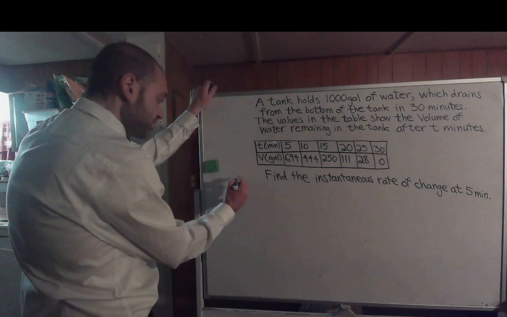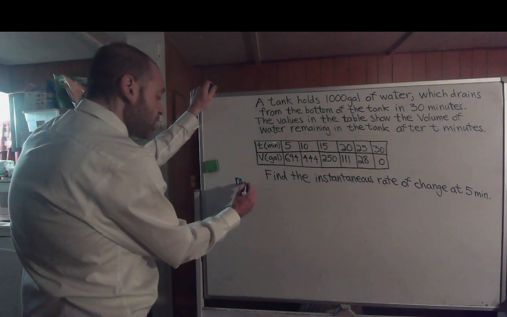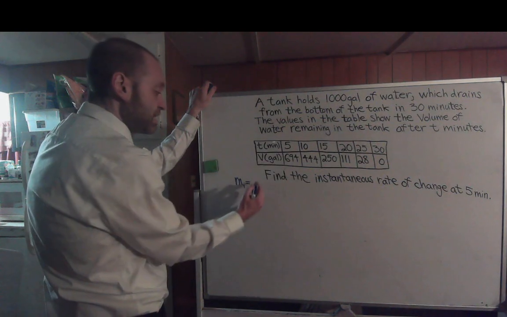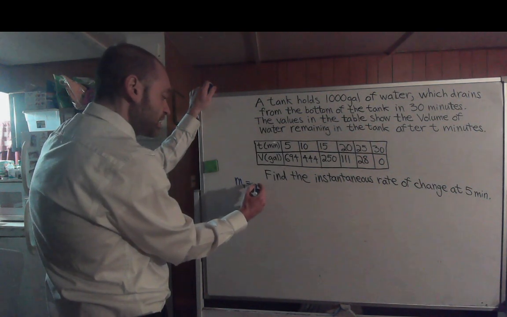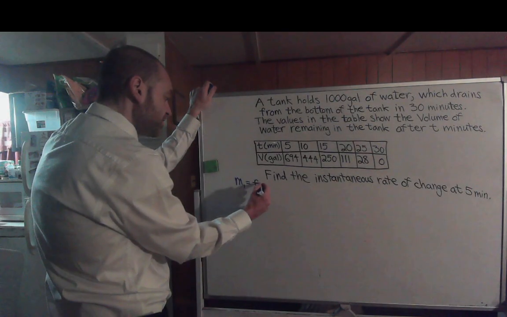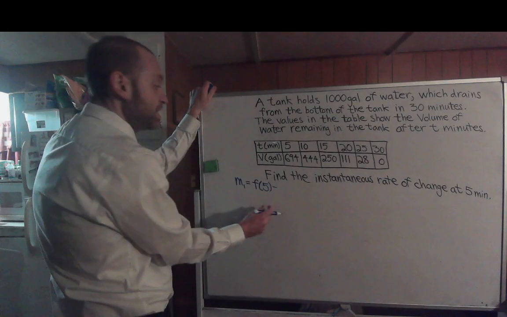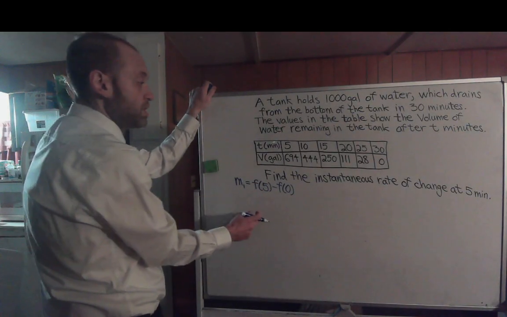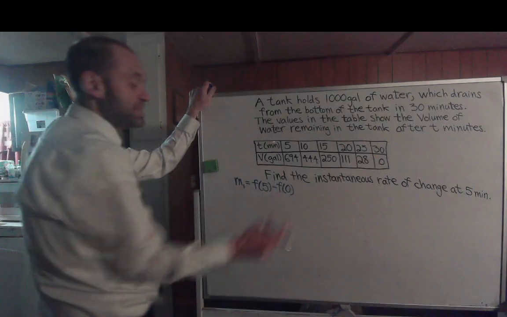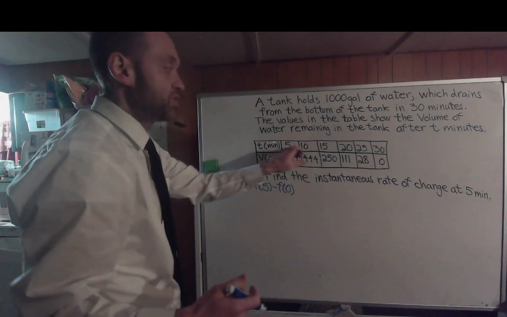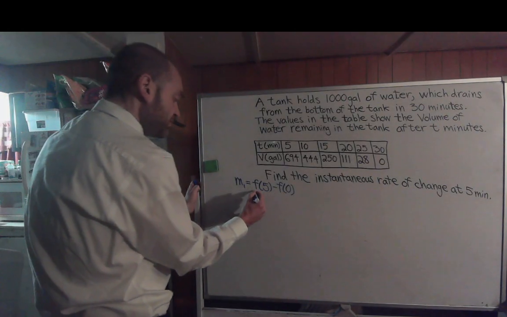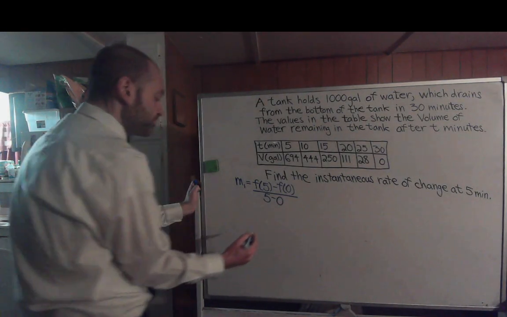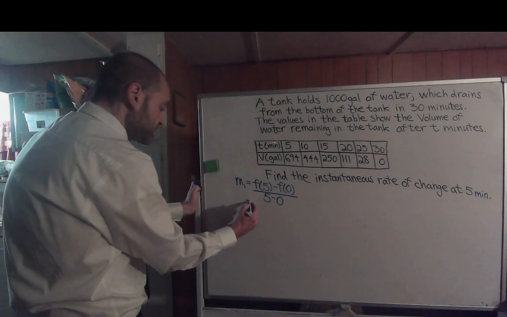So let's find the slope of the first secant line. Why don't we take from the time t equals 5 then f of 5 minus f of 0, because that's 5 units apart from 0, and then the next one we'll take f of 10 minus f of 5. You want to be the same amount of x units apart. So we'll take f of 5 minus f of 0 all over 5 minus 0.